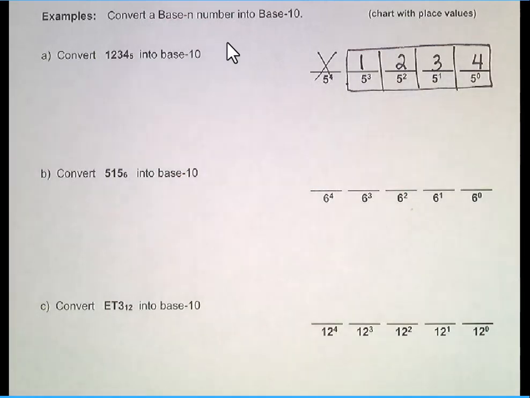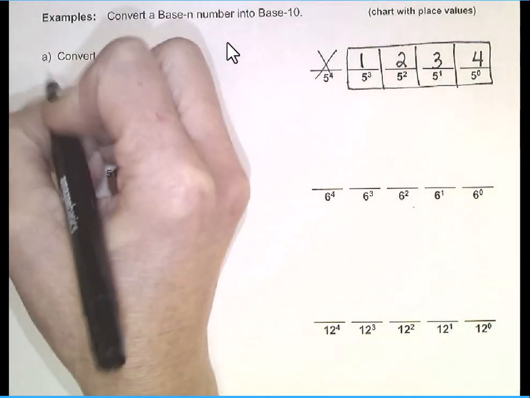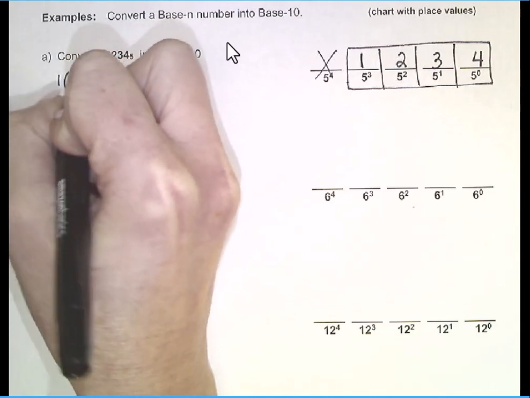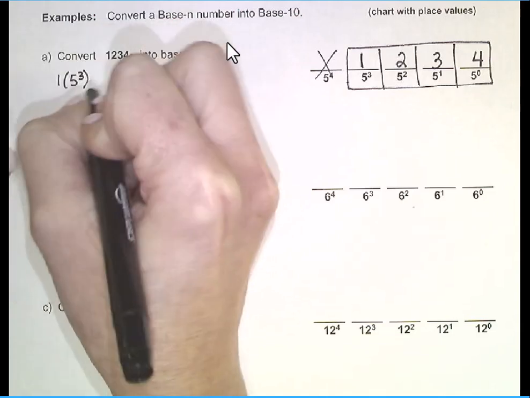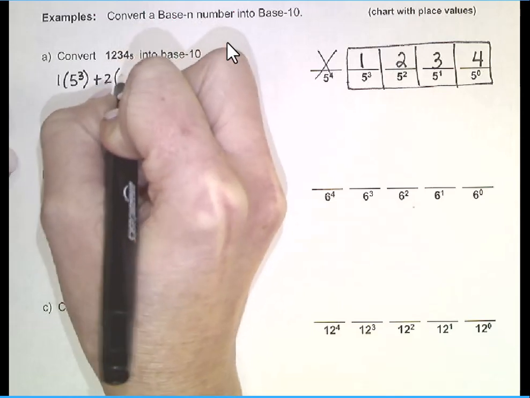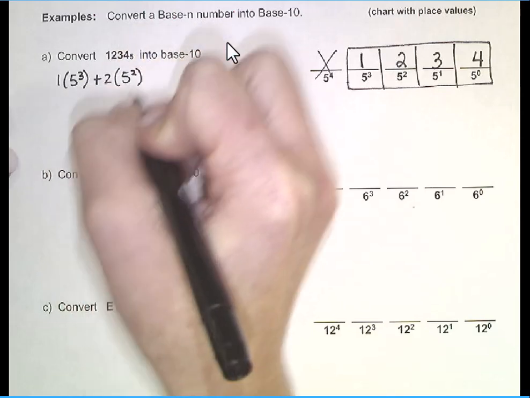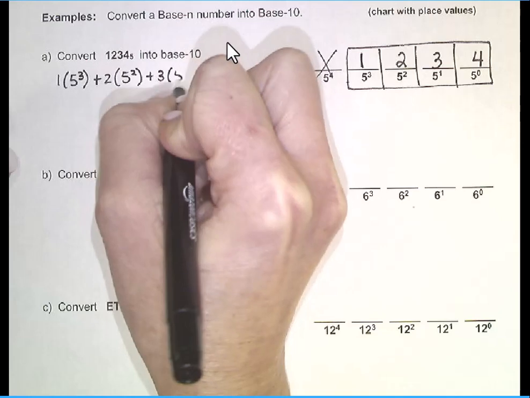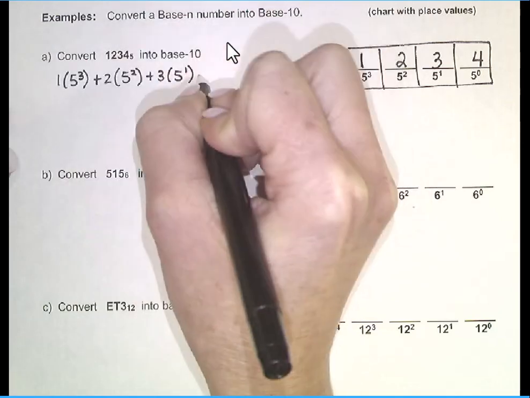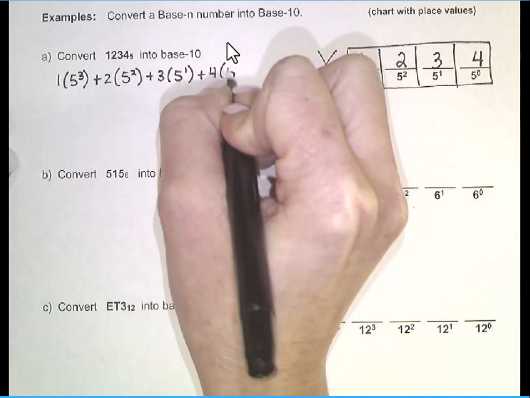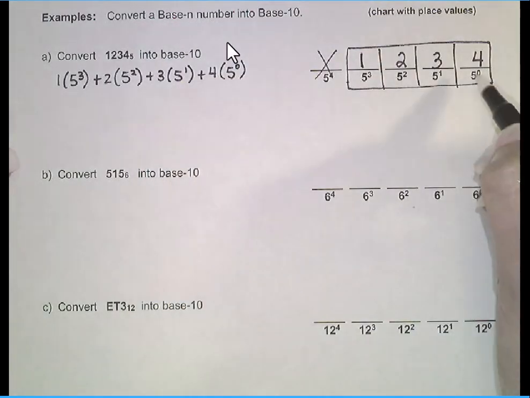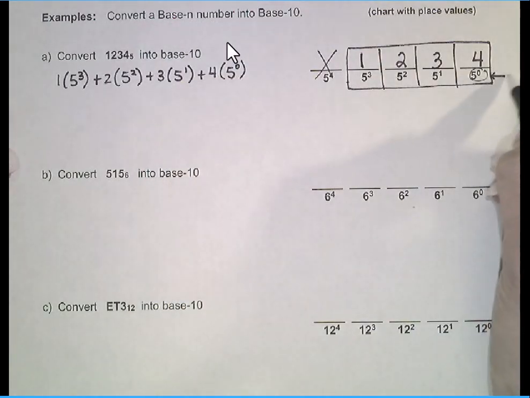So what we have is 1 of those 5 cubes, 2 5 squareds, 3 5 to the firsts, and 4 5 to the 0. Now remember, anything to the 0 power, that's our ones place regardless of what base you're in.